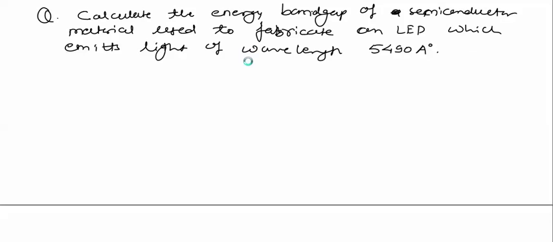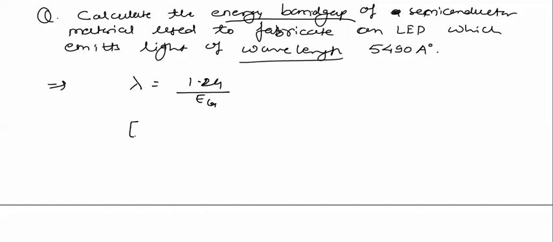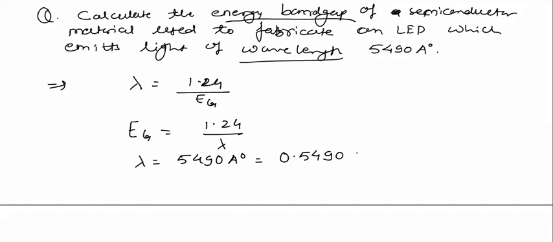So we have been given the wavelength of light and we want to calculate the energy band gap of the semiconductor material used. We know the relation lambda equal to 1.24 divided by Eg, forbidden energy band gap. From this equation we can write Eg equal to 1.24 upon lambda. Lambda is given as 5490 angstrom unit. This can be written as 0.5490 into 10 raised to power minus 6, as angstrom unit equal to 10 raised to power minus 10 meters.